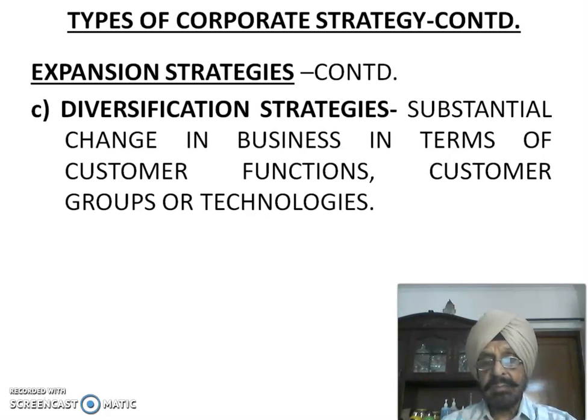ATMs are there, machines are there, online transfer things are there. You can order the food from home, you can get through Flipkart or through Amazon, etc. So the customer functions have changed. Customer groups, for example, rural or urban, ladies or gents or children.